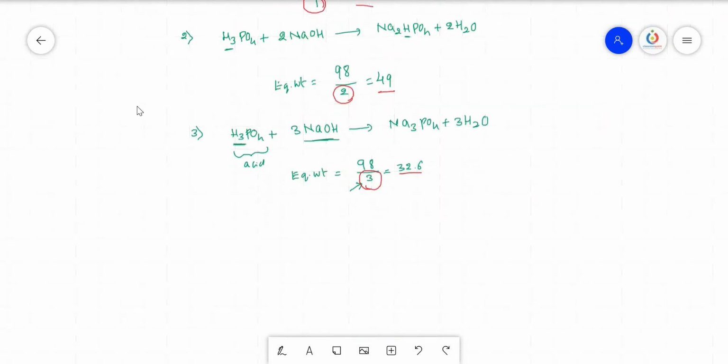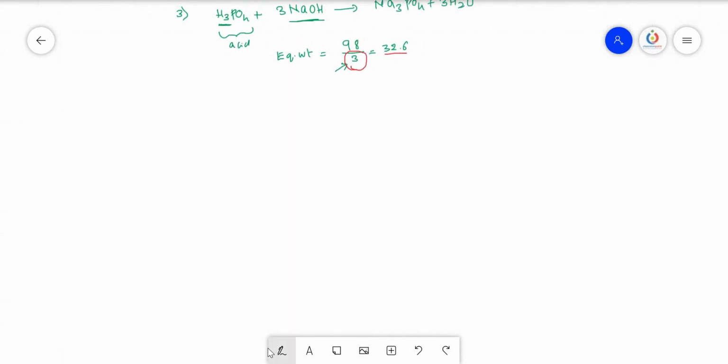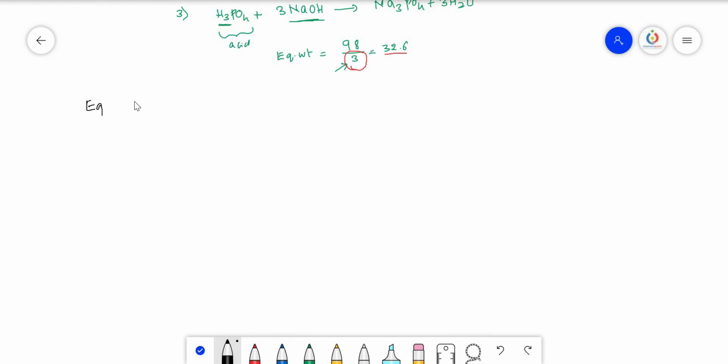Similarly, let us see the equivalent mass of the base. Equivalent mass of base. A base is a compound that releases OH minus ions. Let us see here, there are different types of bases.